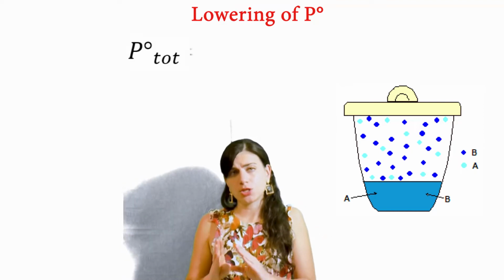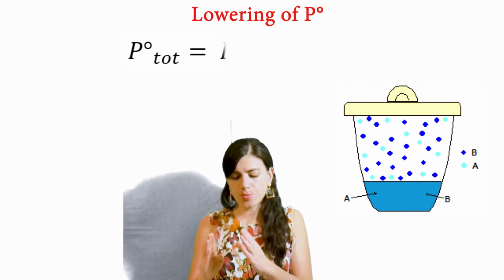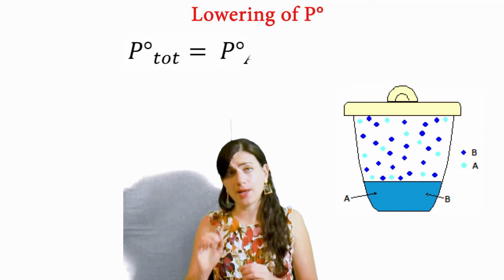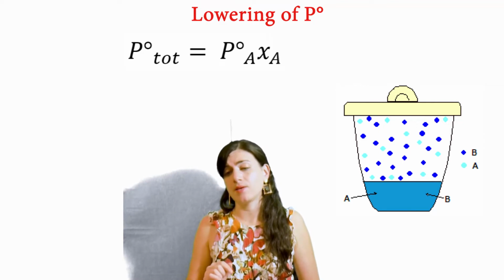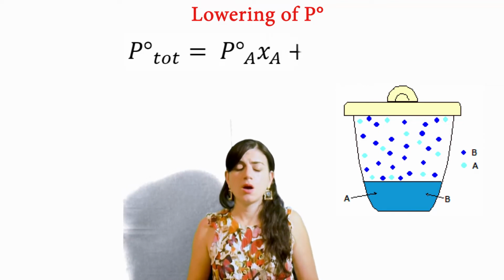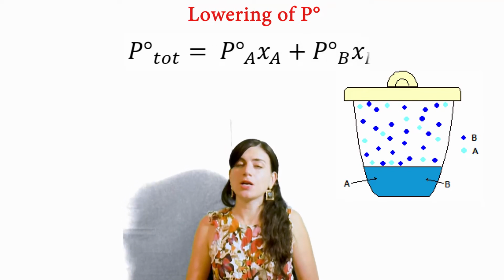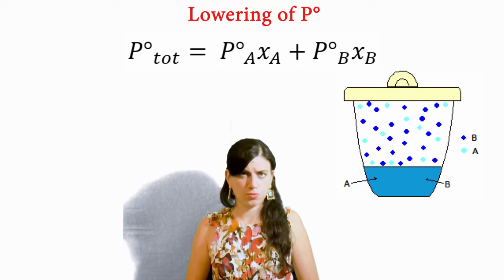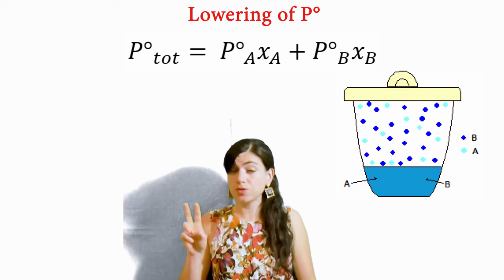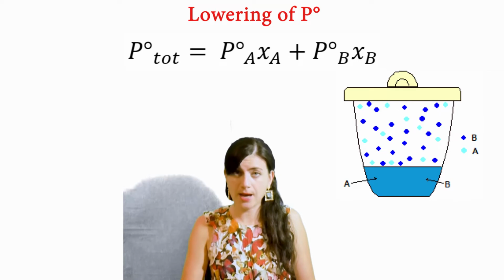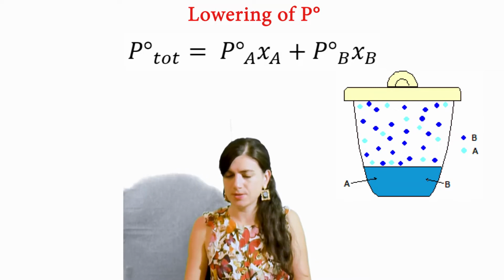So the total vapor pressure of these two liquids will be given by the vapor pressure of the liquid A times the mole fraction of the liquid A in this solution plus the vapor pressure of B times the mole fraction of B in this solution. Be careful because this mole fraction refers to the mole fraction of both solvents in the liquids, okay? It's not referring to the mole fraction in the vapor phase, okay? But just in the liquids.